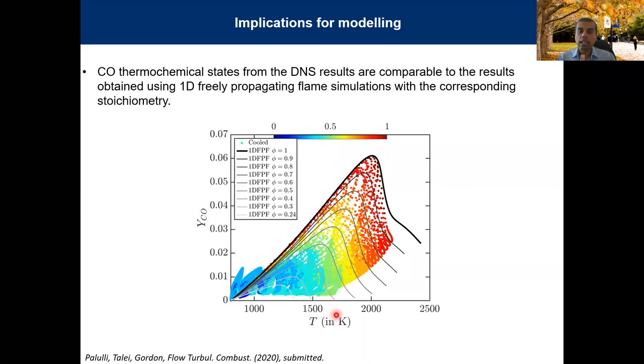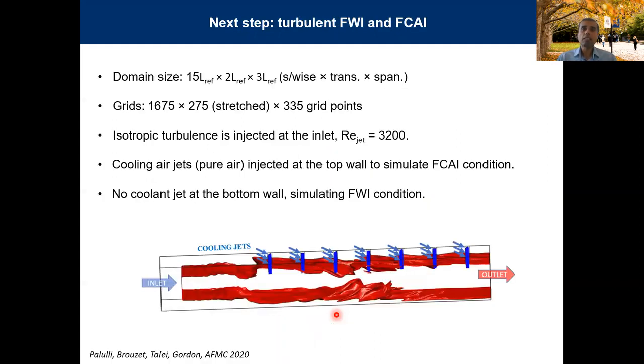So it seems that the CO mass fraction can be modeled as a function of temperature and local stoichiometry. It's not a perfect model. I'm not claiming that this is going to be an accurate model, but it seems that there is a correlation here. And we've done some further work, and the next step for us is to see what's happening in a turbulent flame.